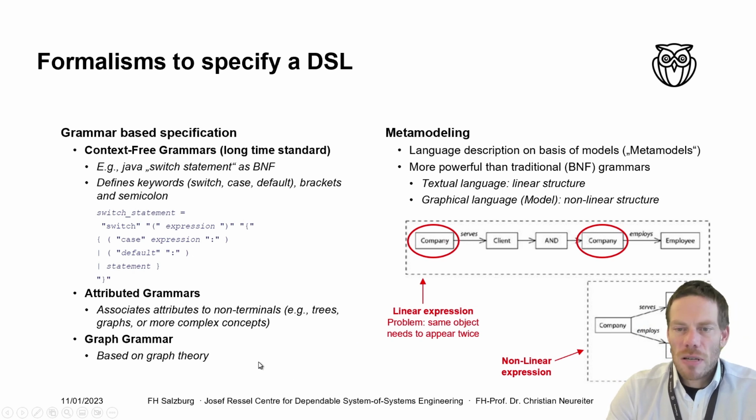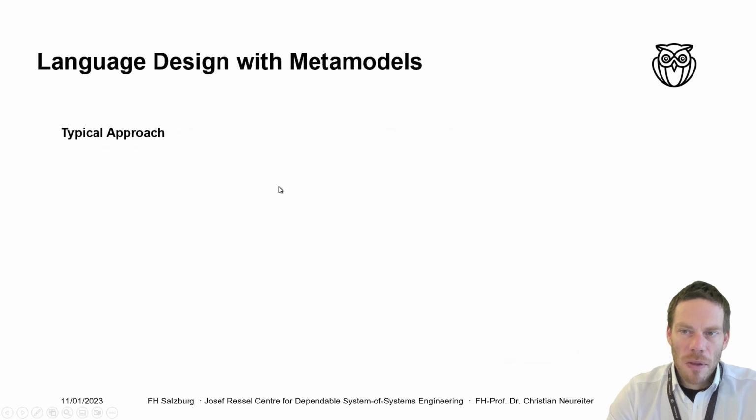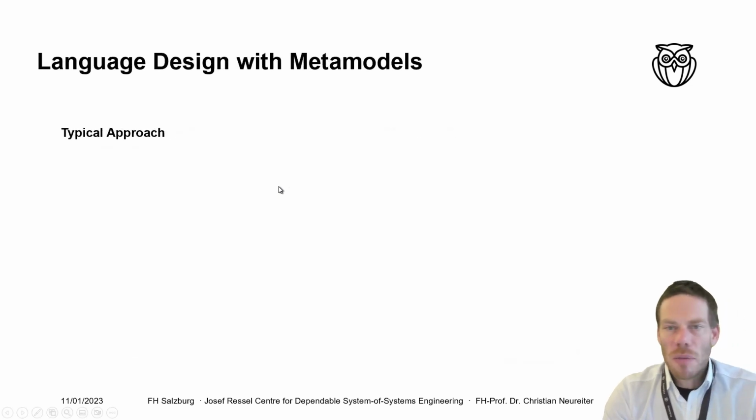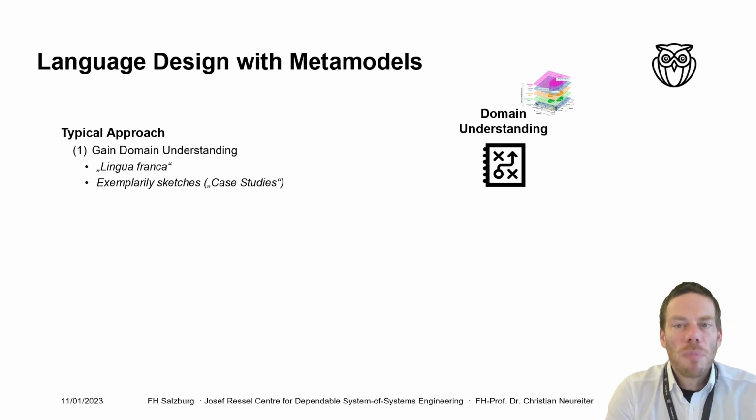Well, okay, so now, how do we proceed with developing a DSL? It's typically always the same approach. First of all, we start with gaining some understanding of a particular domain. We try to understand what's the lingua franca, what are common concepts being used, and what could be the basis for the development of our language.